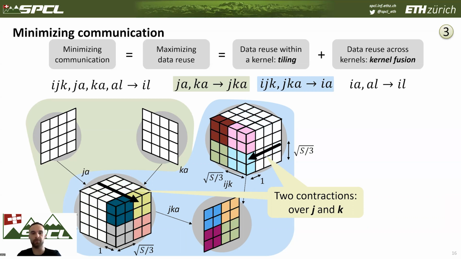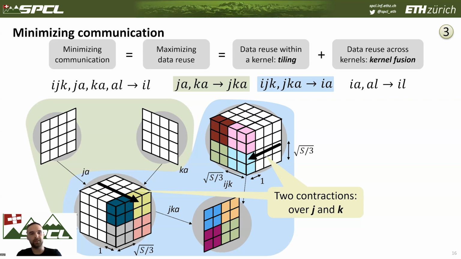But the important observation is that this left order 3 tensor is not an input, it's an intermediate result of the previous operation. So what can happen is that we can stream the output and pipeline it to the computation.